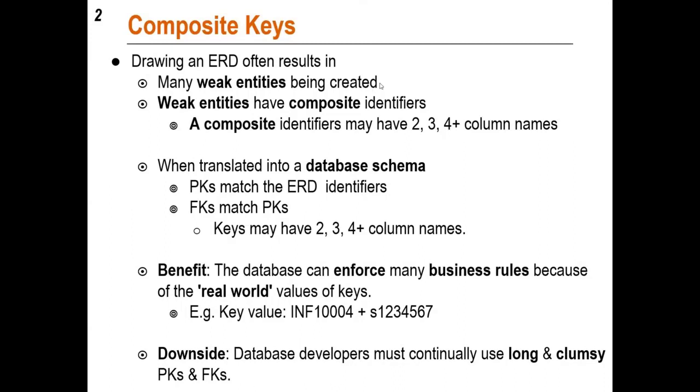You remember that when we draw entity relationship diagrams in this semester, we tend to use composite keys, most probably in the weak entities. So we may have 2, 3, 4, even 5 columns as composite identifiers in certain weak entities.